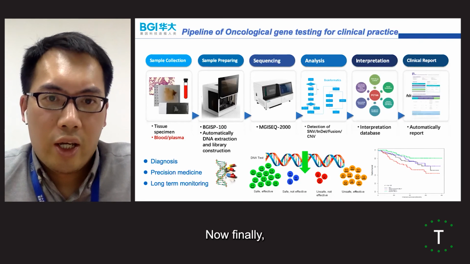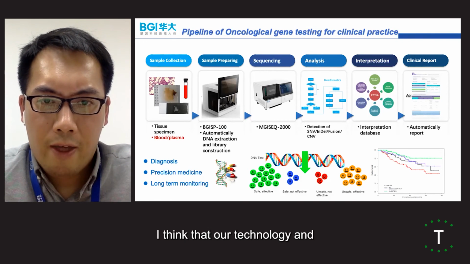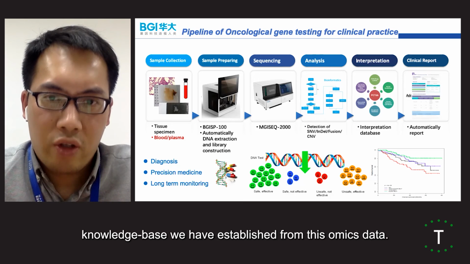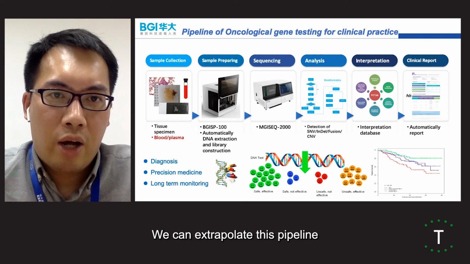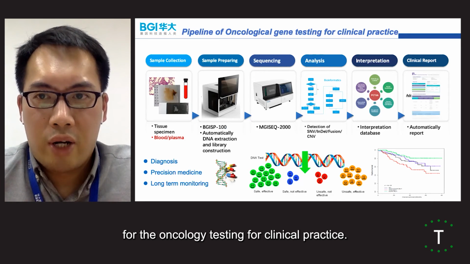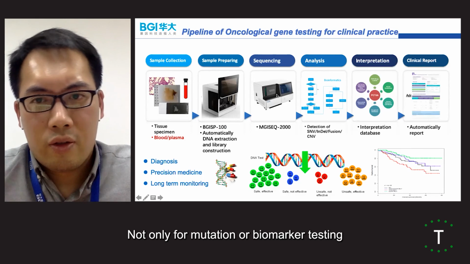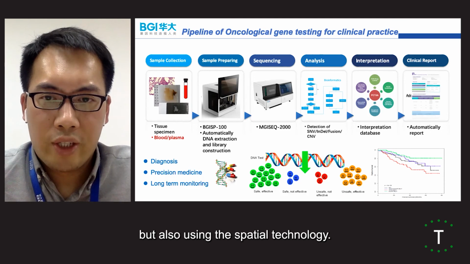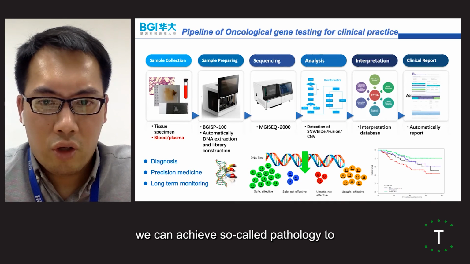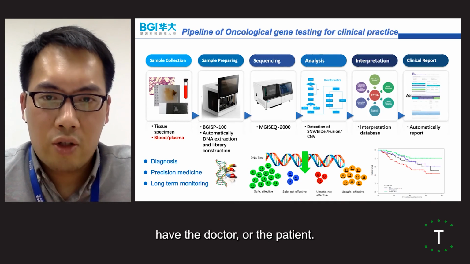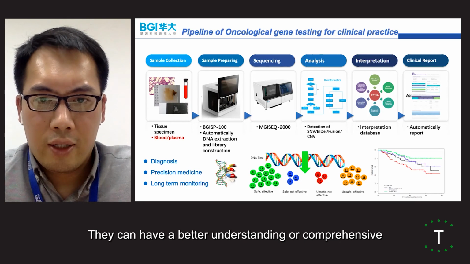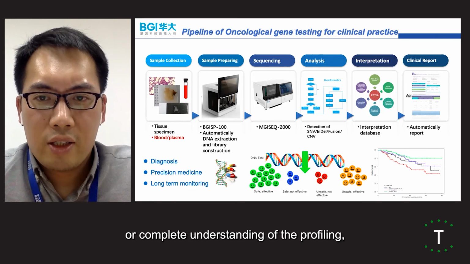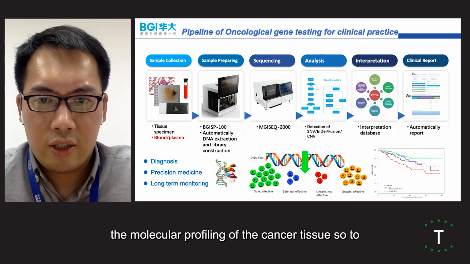Finally, based on our technology and the knowledge base we have established from this omics data, we can establish a pipeline for oncological gene testing in clinical practice. Not only for mutation or biomarker testing, but using the spatial technology we can also achieve so-called digital pathology to help doctors and patients have a comprehensive understanding of the molecular profiling of the cancer tissue.